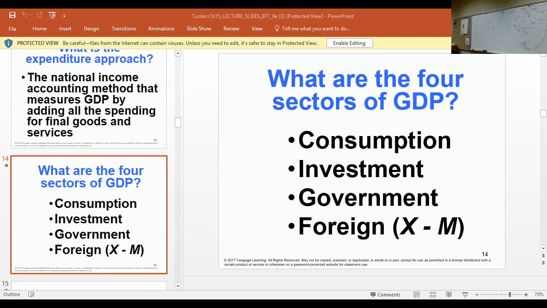So we'll find out later that we're going to have to adjust for prices to come up with what we call real GDP. Now, there's two methods for calculating GDP. The first one is the expenditure approach.